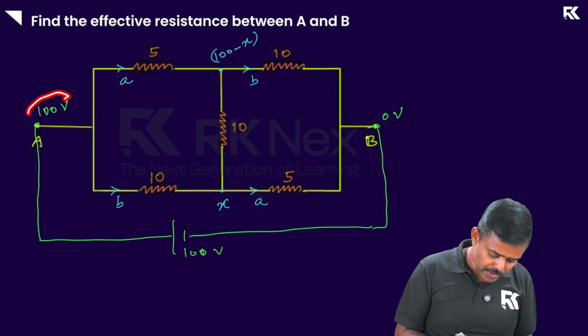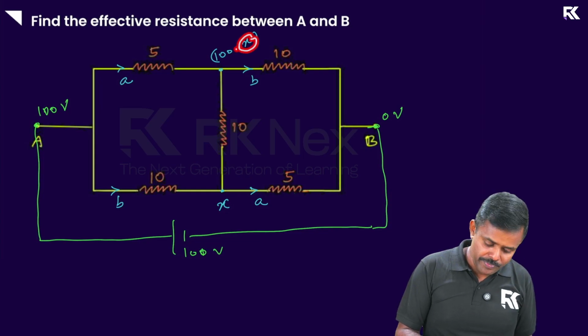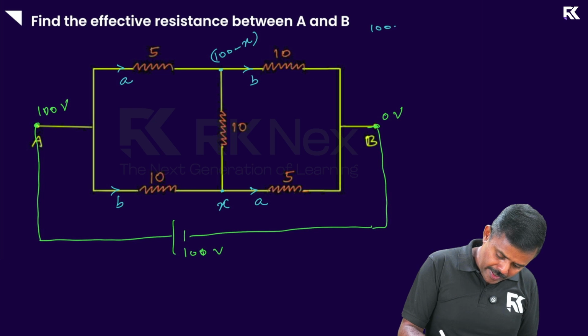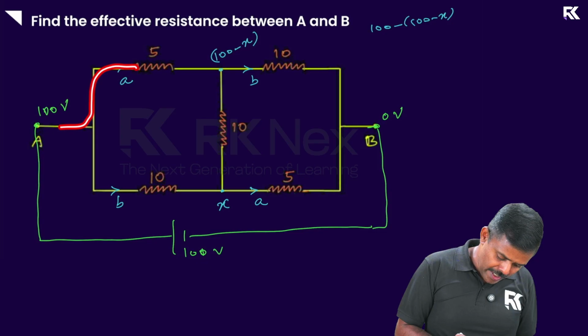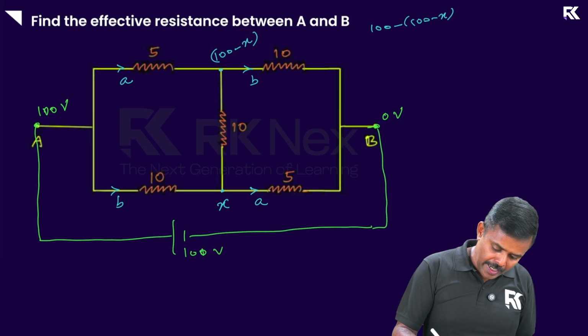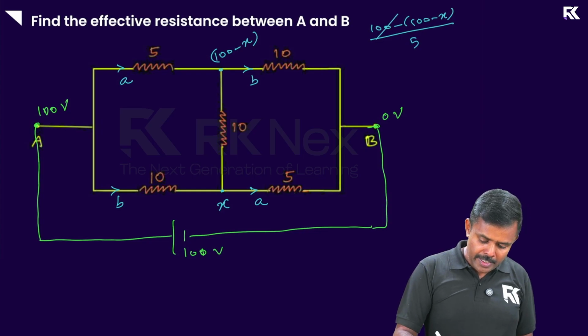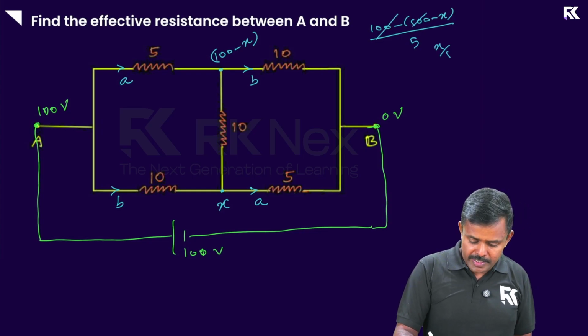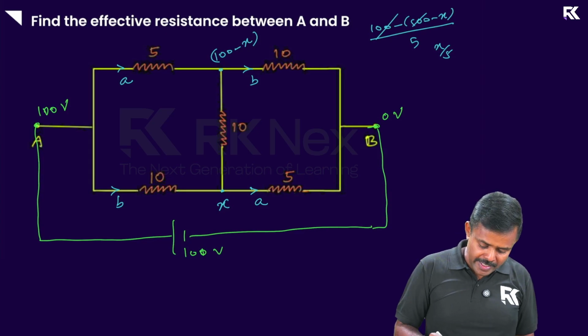How do I get X by 5 here? Let's check. This is 100, this is 100 minus X. When you take the difference, the hundreds are gone. The left end is at 100, the right end is at 100 minus X, so the potential difference is 100 minus (100 minus X), divided by the resistance 5. 100 minus 100 is 0, minus of minus X is X, so I get X by 5, exactly what I got here.